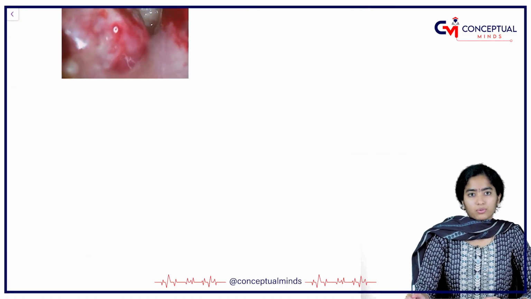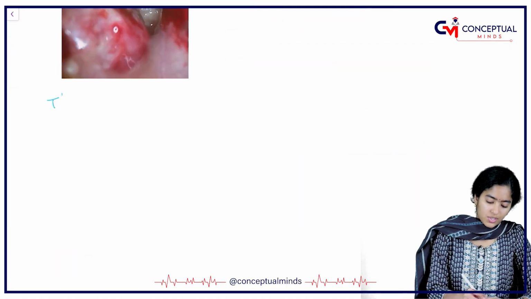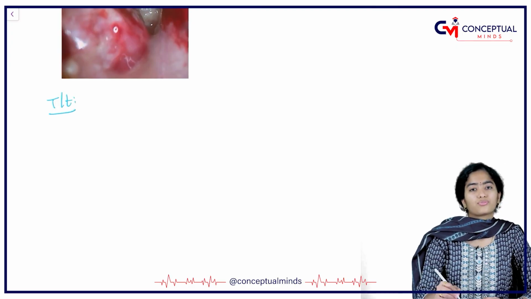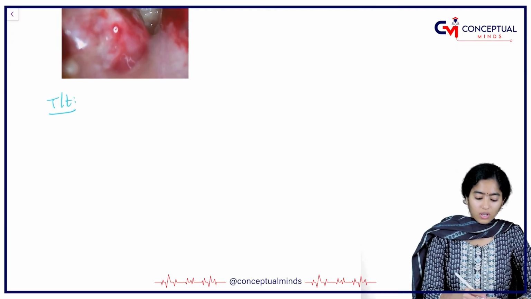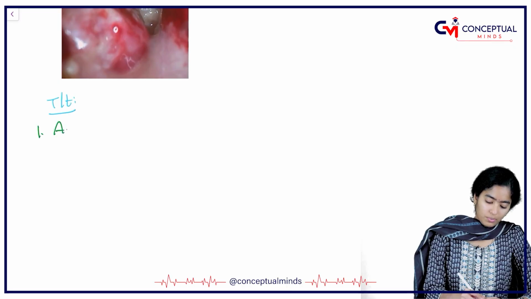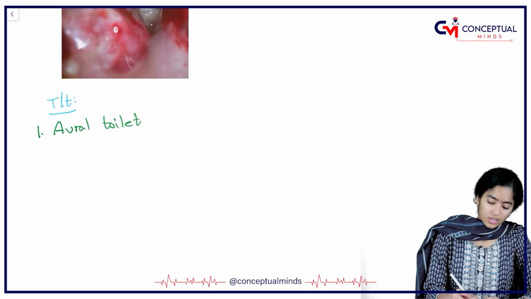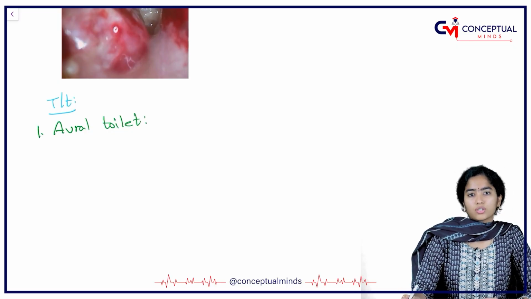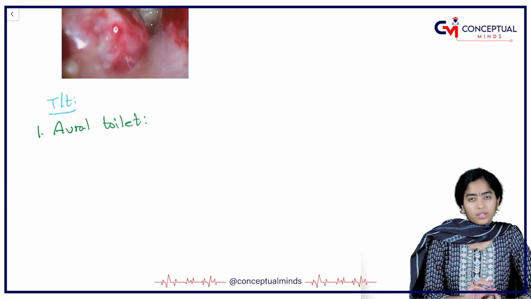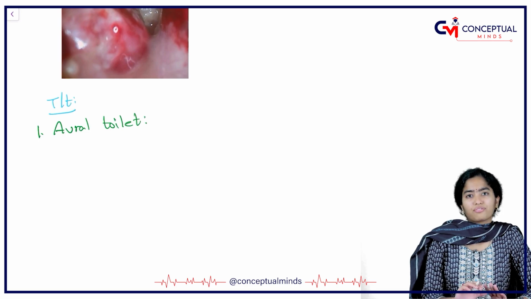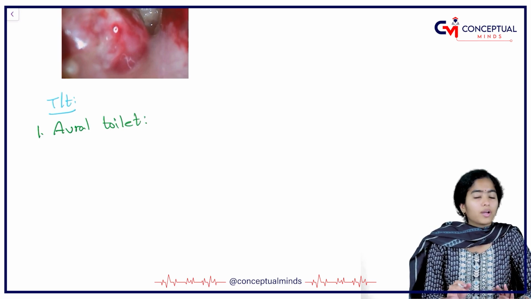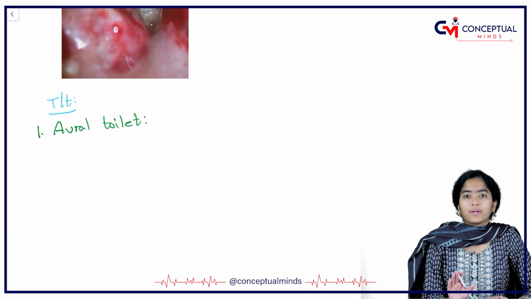Now let us learn about the treatment of this condition. So first, in acute phase, the most important thing that has to be done is aural toileting. That is cleaning of the external auditory canal. All the cerumen, the secretions, debris, slough, everything has to be cleaned up, gently and meticulously.